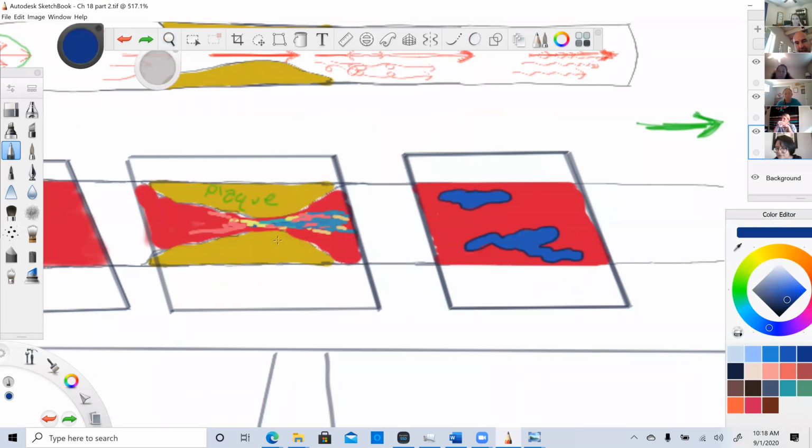Over here in the plaque inside of the stenosis, it goes from a darker red to a lighter red to a yellow to kind of a bluish green and maybe a little more darker blues in here. Just wanted to add that. So it goes from darker to lighter colors and back to a darker color.